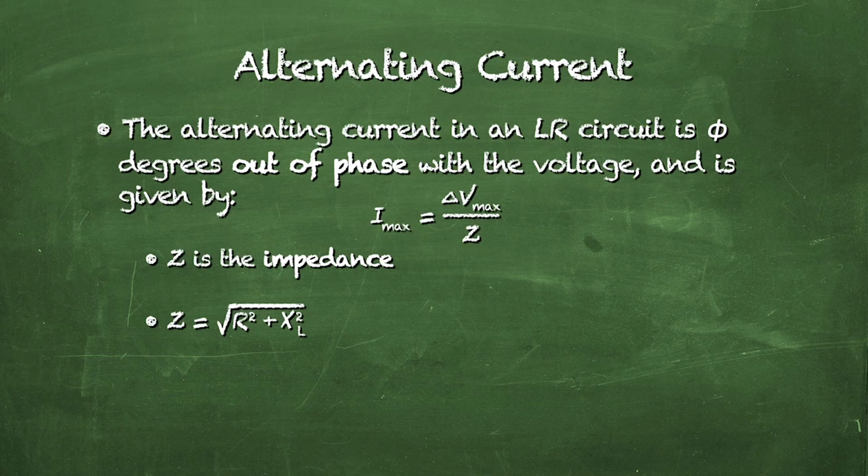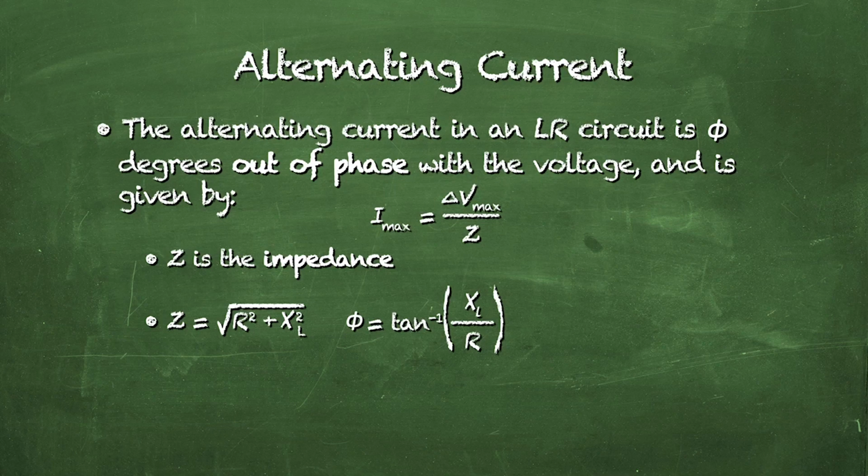Z squared is equal to R squared plus X sub L squared, or Z is equal to the square root of R squared plus X sub L squared. And the angle phi is equal to the inverse tangent of the inductive reactance divided by the resistance.